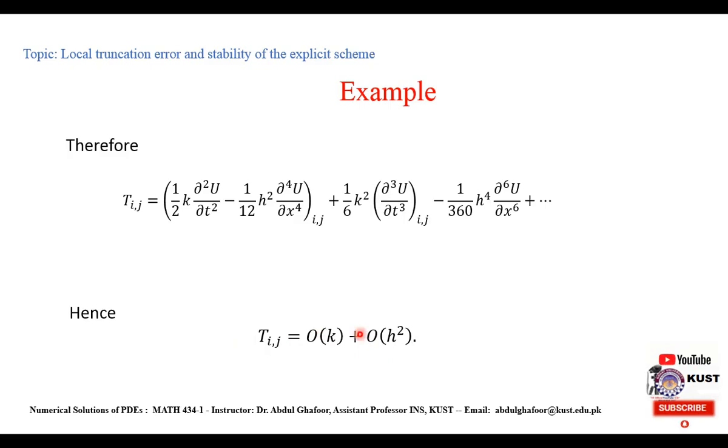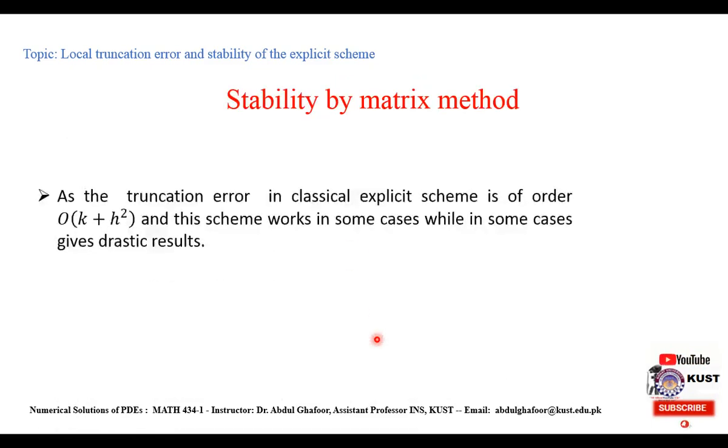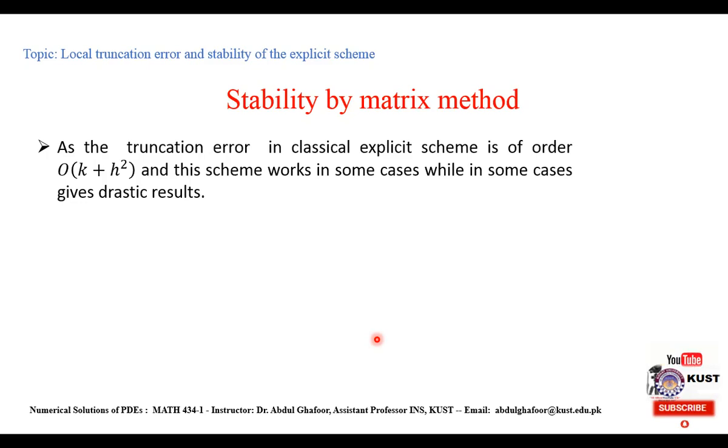This requires that the value of k should be smaller than h, and this can be observed from the stability conditions, because there is a relation between alpha k and h square, which we have discussed in previous lectures. So in the explicit scheme, the order is order of k plus h square.